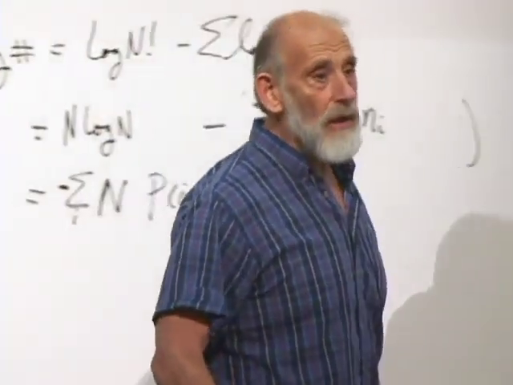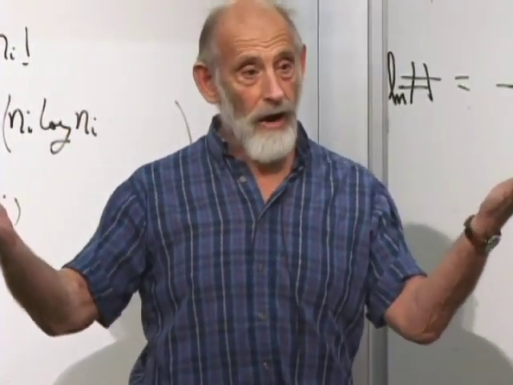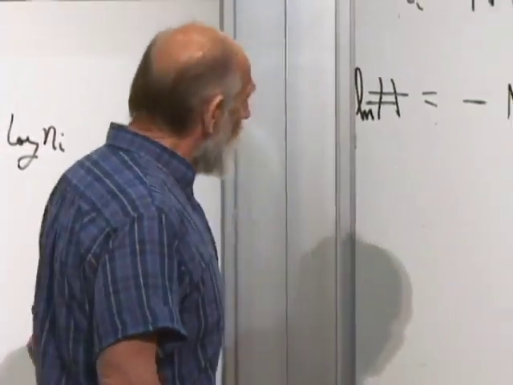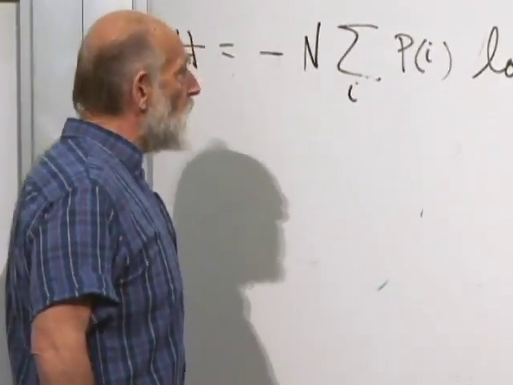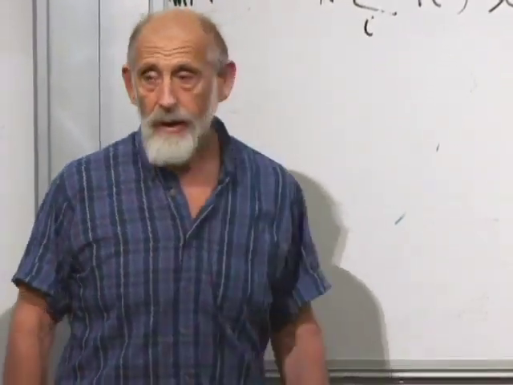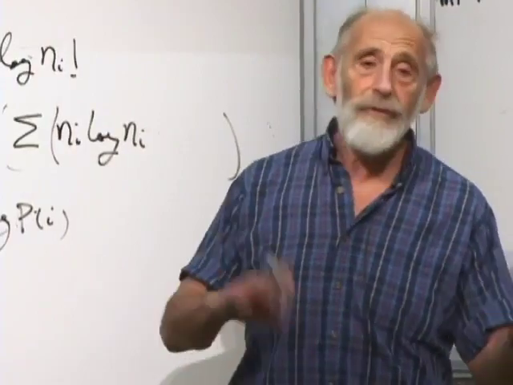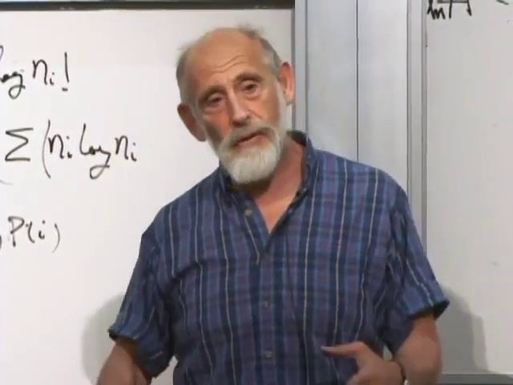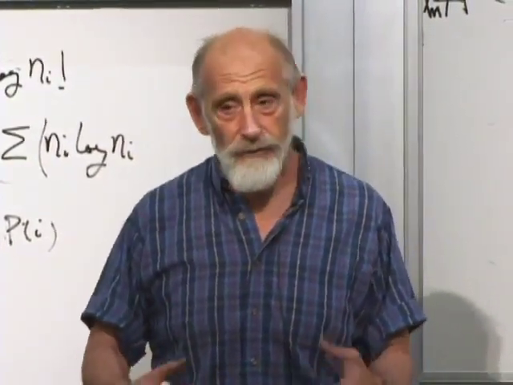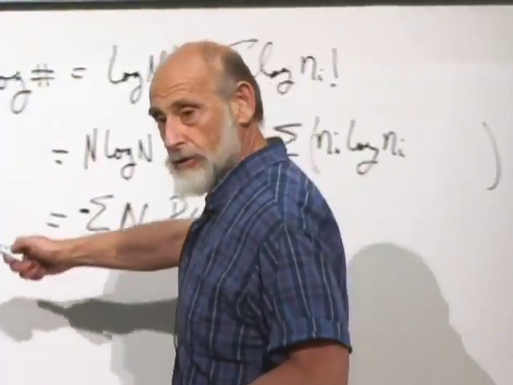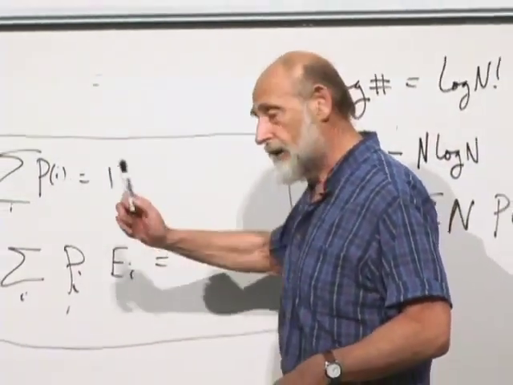How do we do that? Well, the answer is the method of Lagrange multipliers. We add a Lagrange multiplier for each constraint, and afterwards we figure out what the Lagrange multipliers have to be in order to make the constraints actually satisfied.